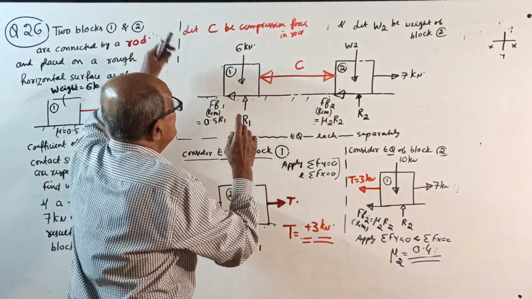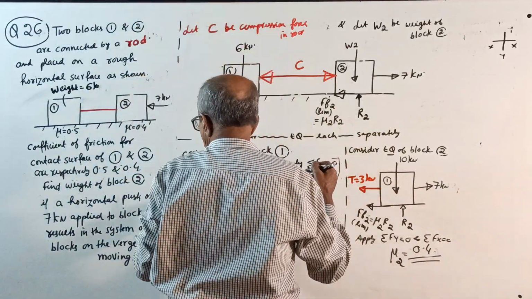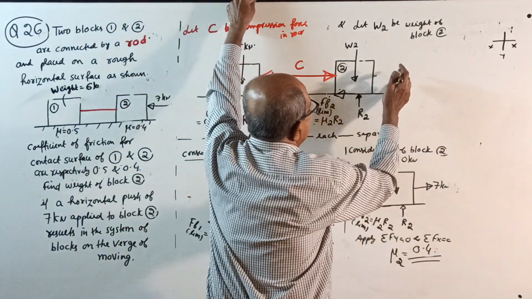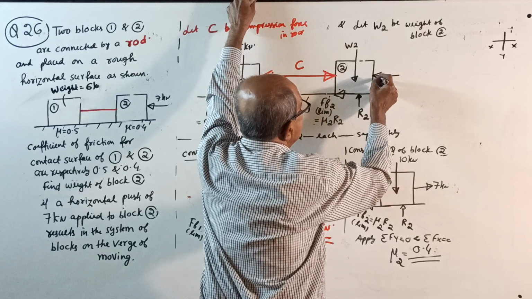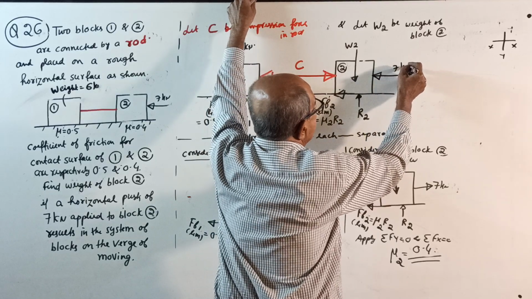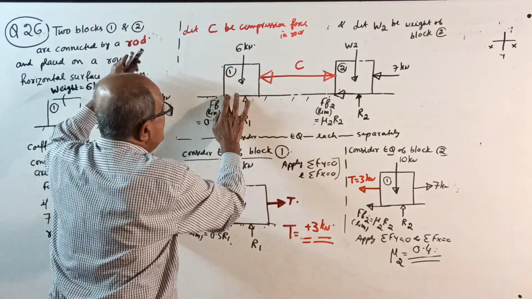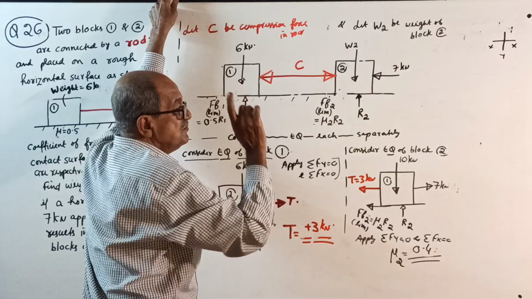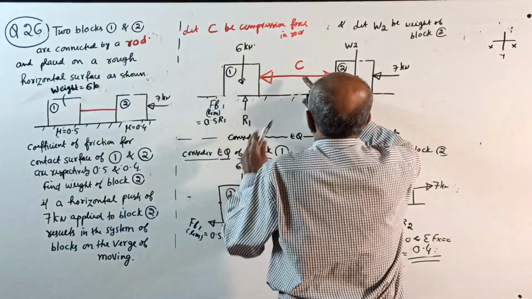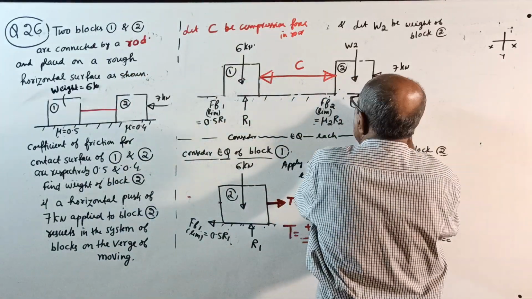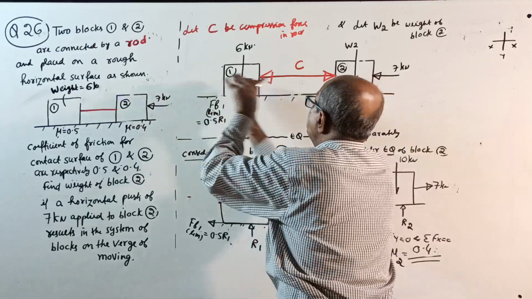Okay. Now, horizontal push they told, therefore you take an independent question. This is 7 kilonewton. Okay. Now make a note. When you push this way, this rod will be in compression and the system will move to the left side.